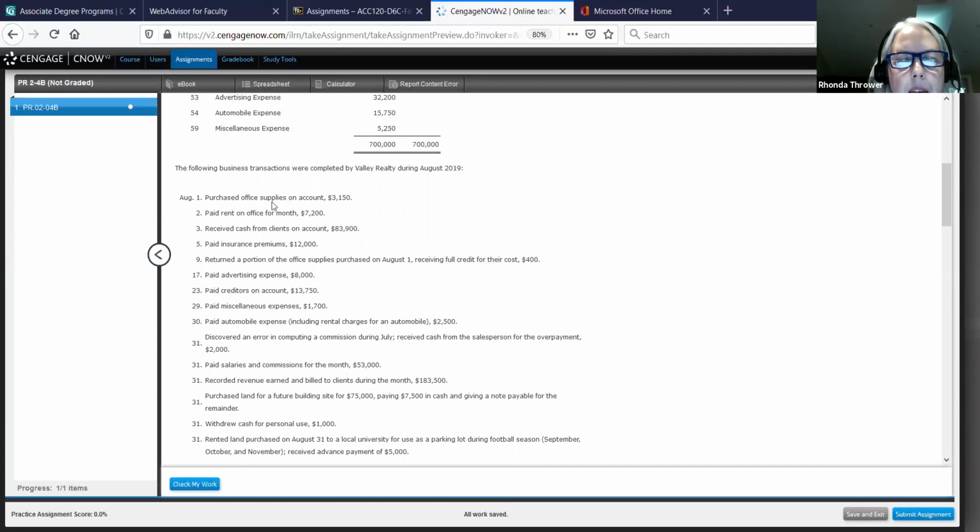Did we pay cash for the office supplies? No. It says that we bought the office supplies on account. So we created a liability that we call accounts payable.